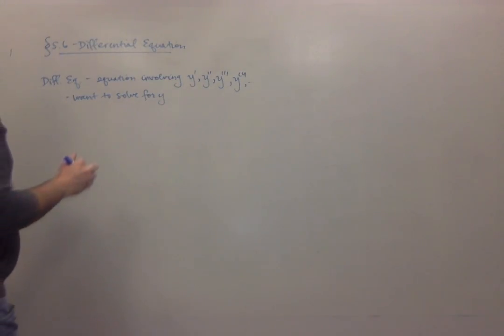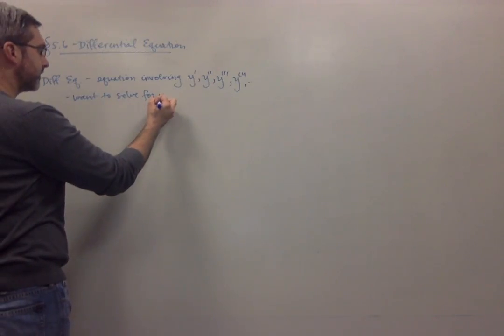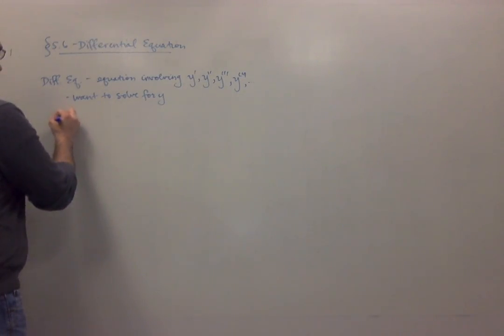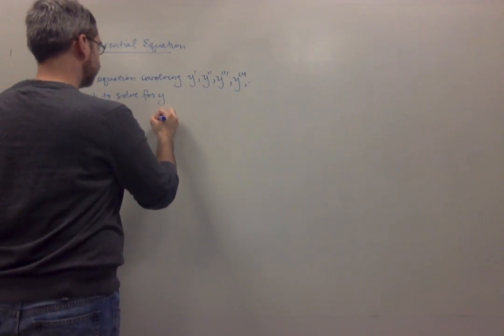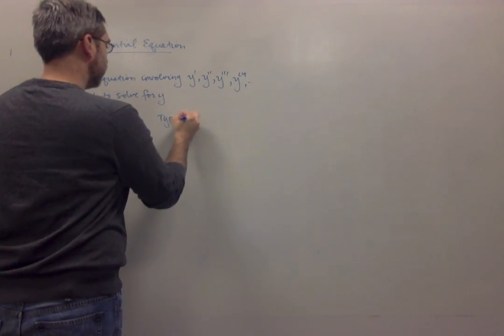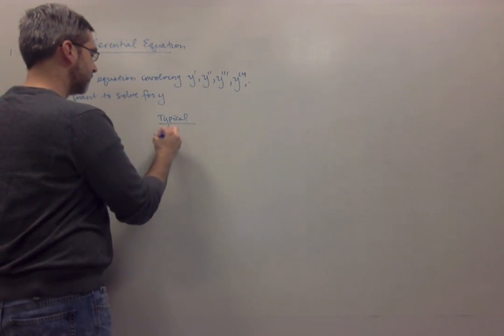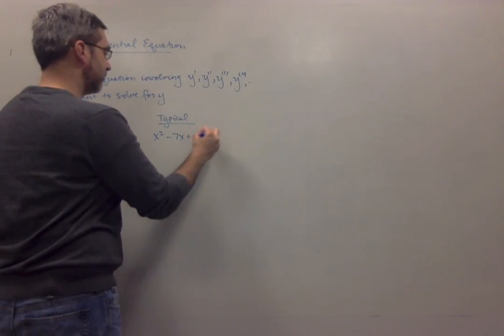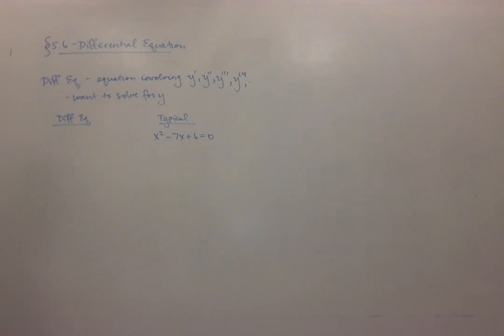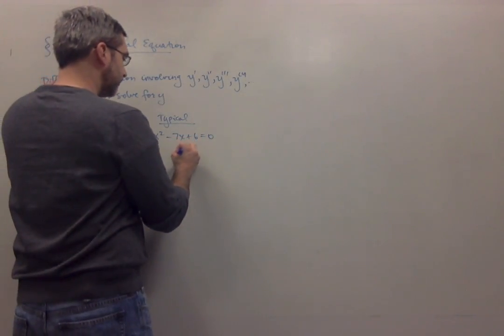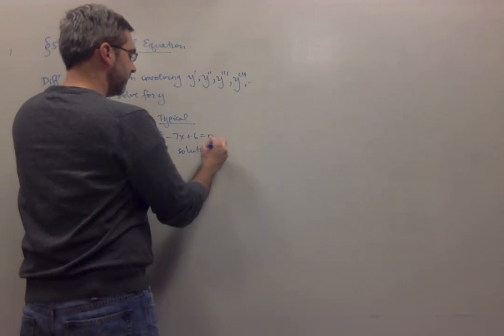One thing that's critical here is that unlike other equations that you've solved before, let me contrast this with something typical that you've solved before. So when you solve something like x squared minus 7x plus 6 equals 0, the solution to something like this is a number.